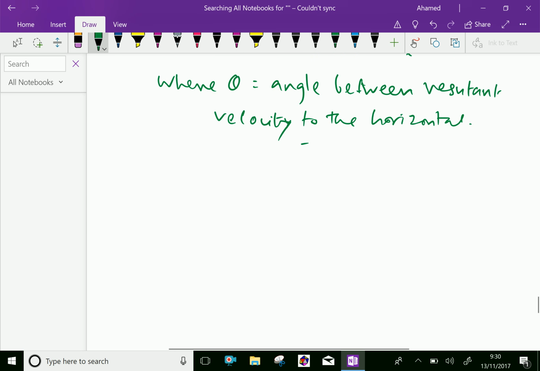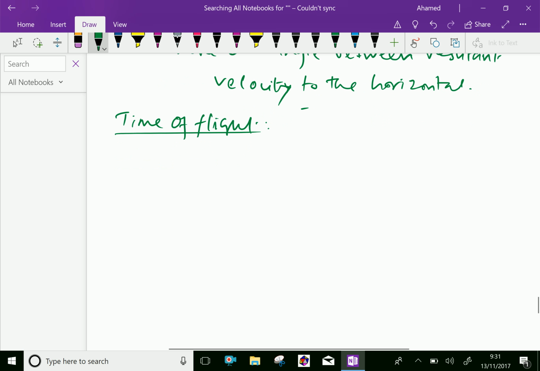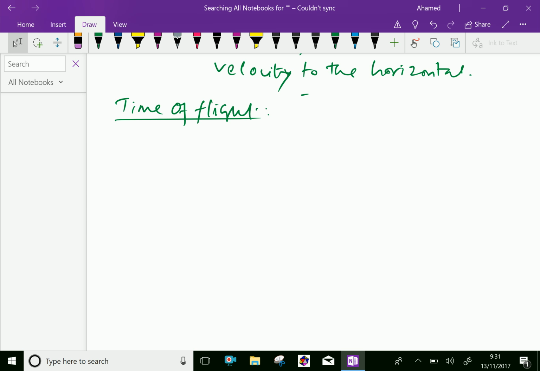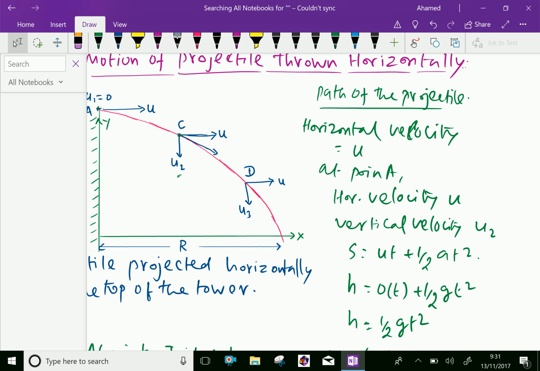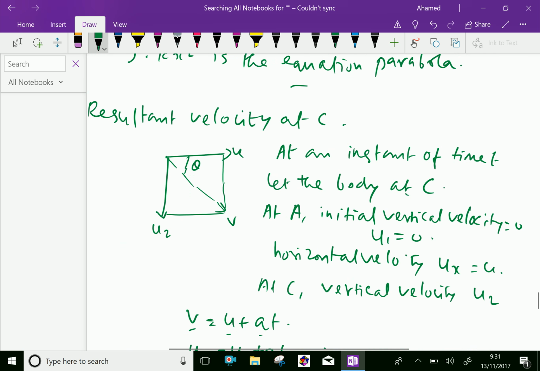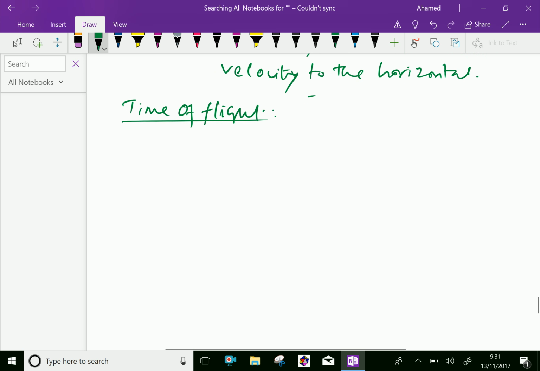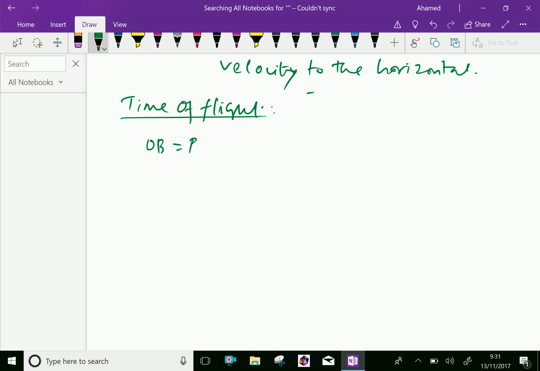Next, we'll talk about time of flight. Suppose the point here is O and the point B is here; the horizontal distance OB equals R, which is called the range. We will talk about time of flight and range.